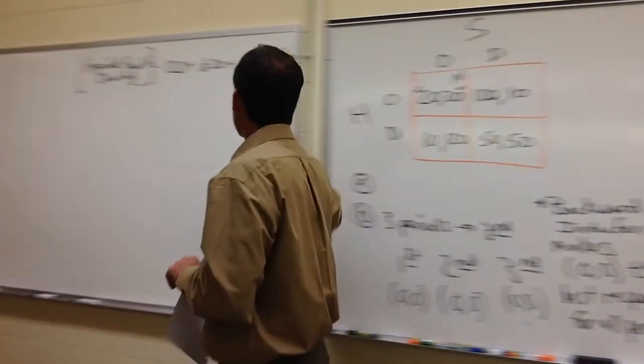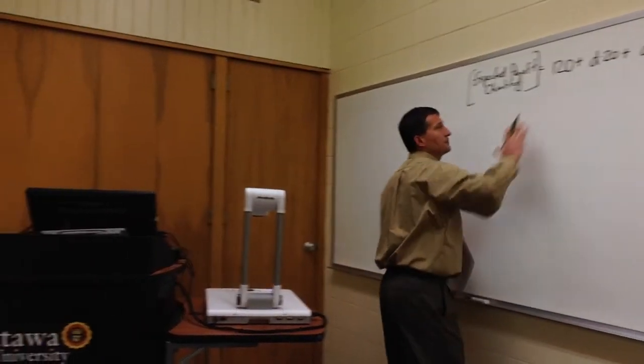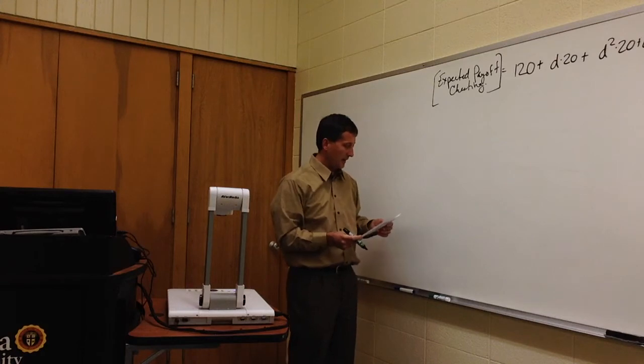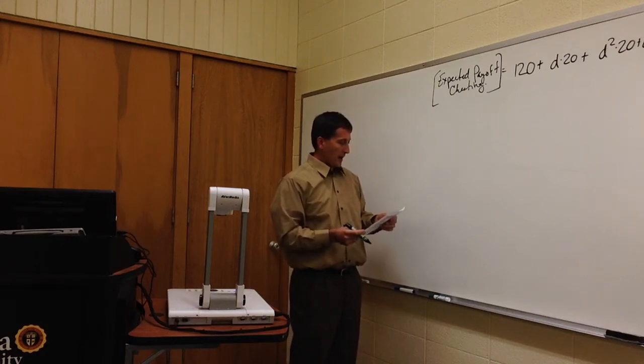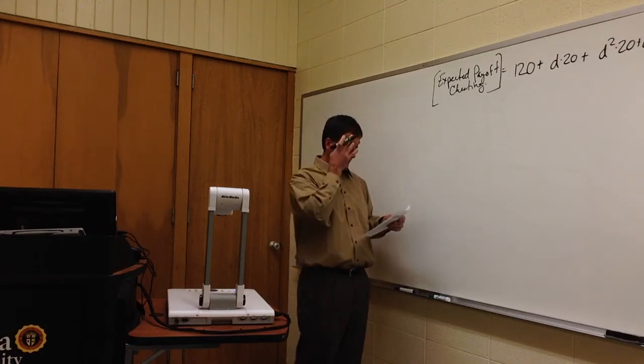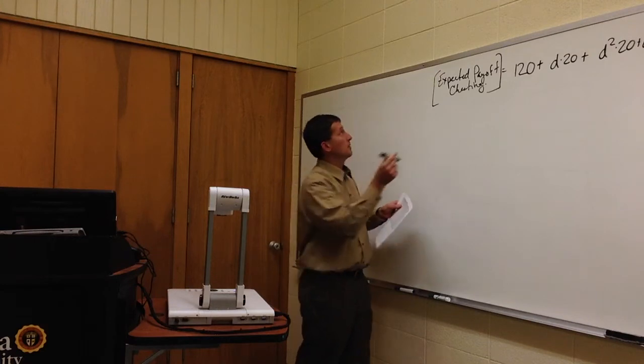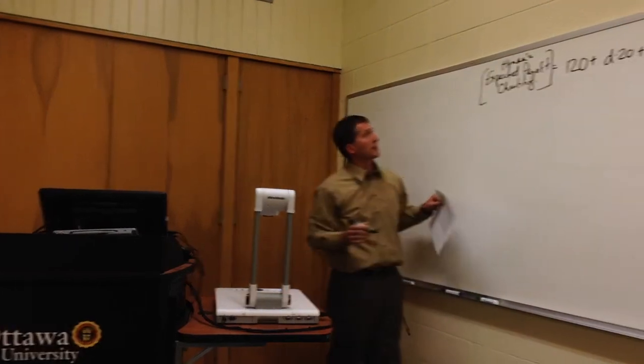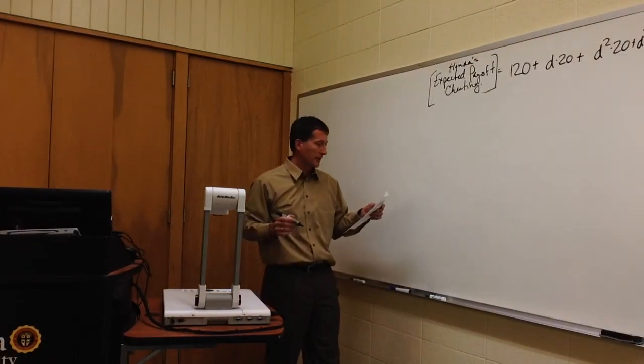That's this discount factor D. So D is, in general, a discount factor. By the way, this was Honda's. It's going to be the same for the other one, but Honda's expected payoff from cheating is 120.